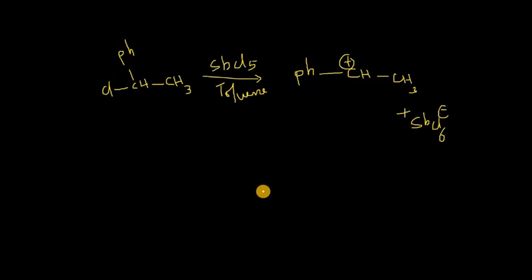So in this reaction, this entire species is a carbocation, and the remaining portion is SbCl6 minus. So from this we understand this is nothing but the formation of a carbocation.